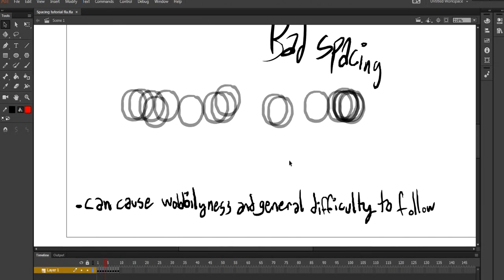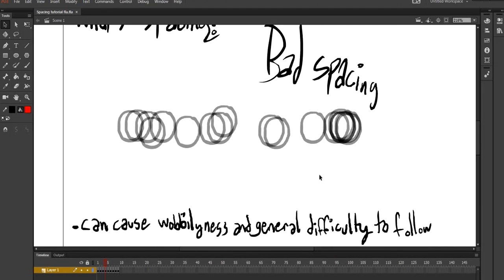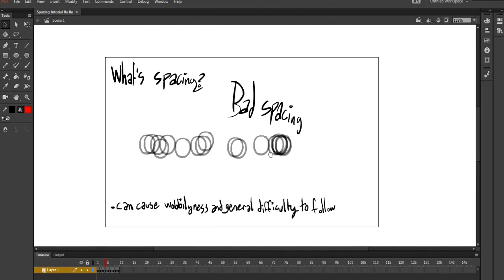Now, bad spacing, which is a bit over-exaggerated here. You can't necessarily see it because it's not in motion at this second, but the object itself is not following much of a path, and it's frankly all over the place.